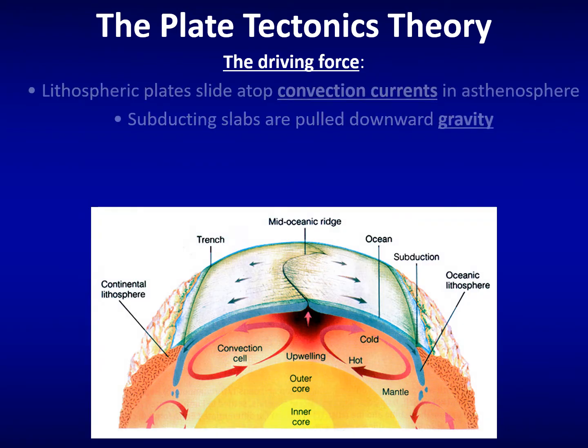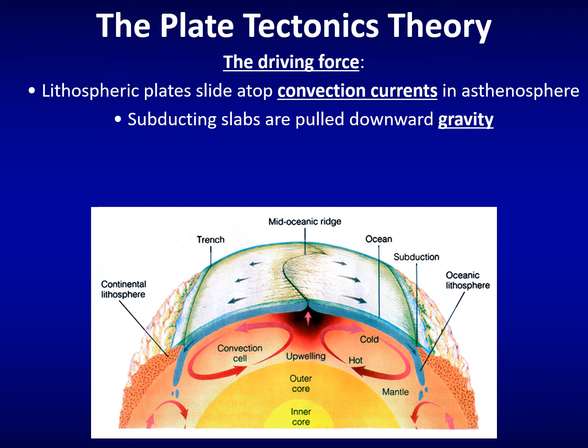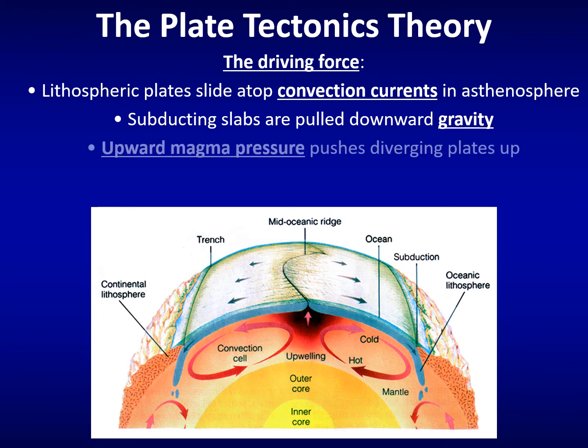The driving force for plate tectonics? Essentially, these lithospheric plates are sliding atop a partially molten asthenosphere on convection currents. Believe it or not, the rock moves in the upper mantle. It's so highly under pressure and so superheated that it actually has a motion, and it allows for gliding and moving of the lithospheric plates. Subducting slabs are pulled downward by gravity, and so that's also helping to drive the motion.